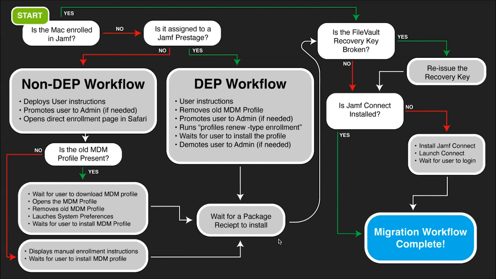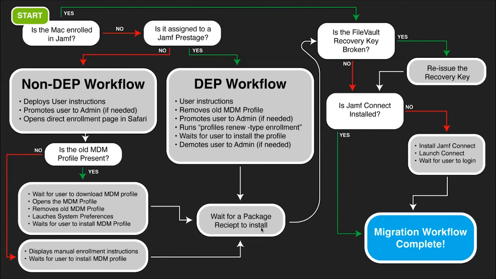Once that's done, all three of these workflows are going to do the same thing, where they're going to wait for a package receipt to install. Why are we doing that? Well, it's because if something's enrolled in Jamf already through a quick add package, and then we install the MDM profile, Jamf treats that as if it has to re-enroll the device again. So it goes back through those enrollment steps.